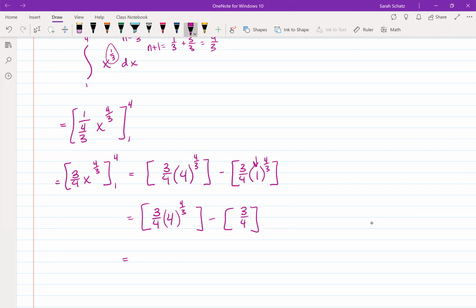I'm going to multiply that by the 3/4 that's right next to it. So now I have about 4.7622. And then when you minus 3/4, or in other words, 0.75, you end up with about 4.01, if you had to approximate that.